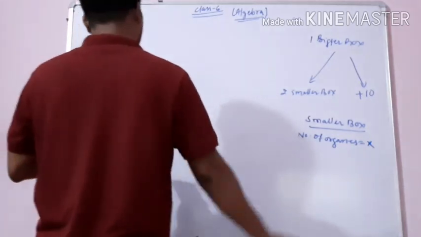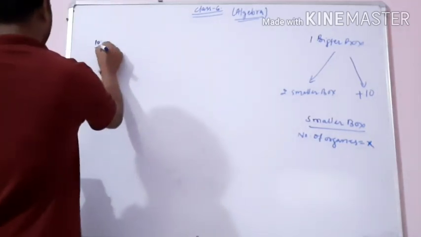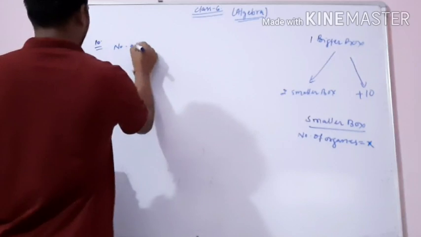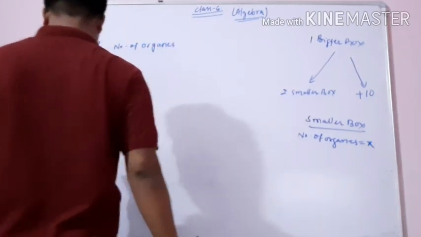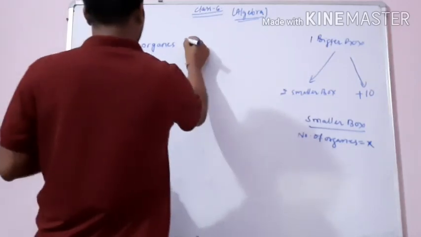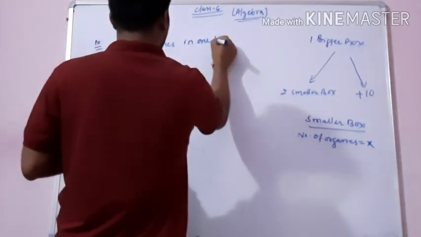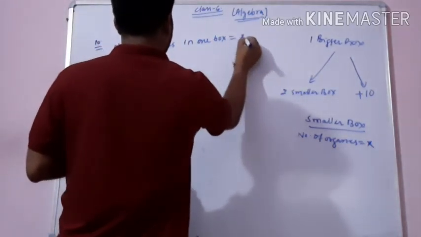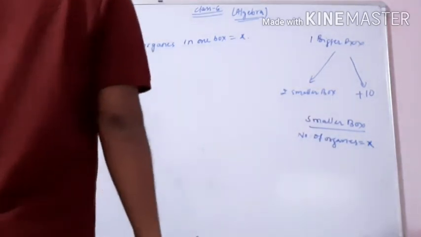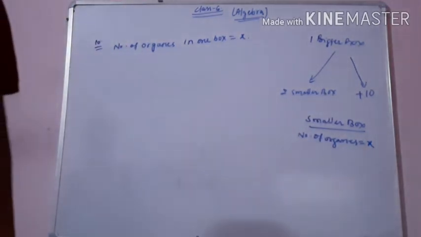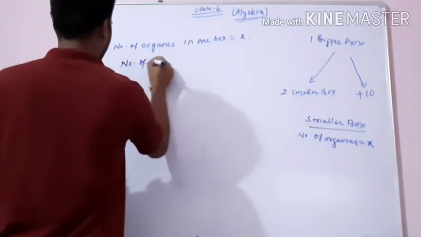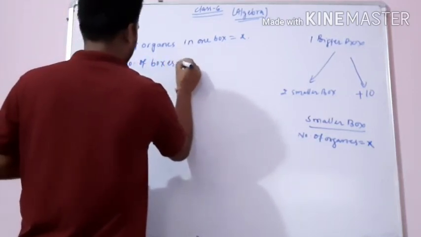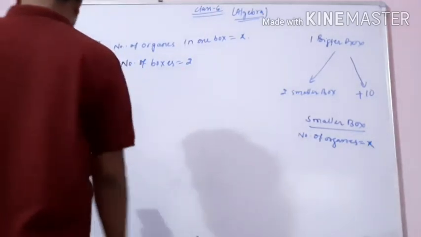The number of oranges in one smaller box we have considered as X. The number of boxes is 2.